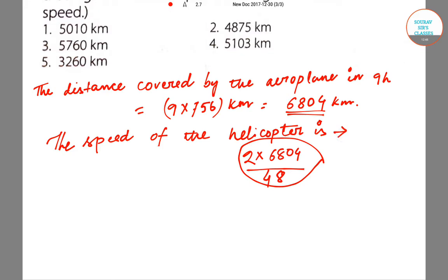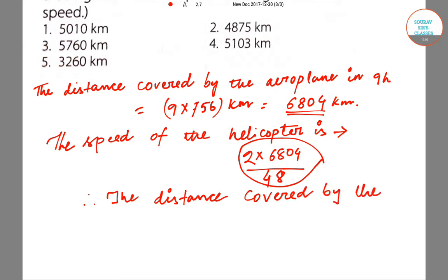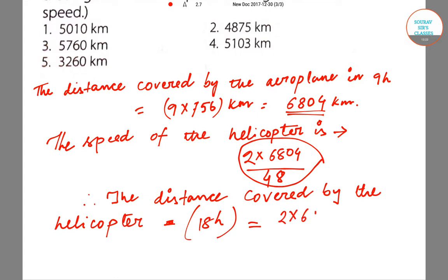And now the distance covered by the helicopter in 18 hours is equals to 2 into 6,804 into 18 divided by 48.